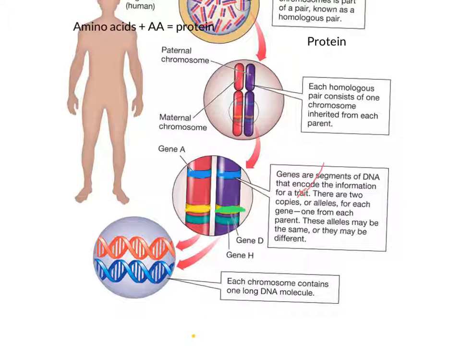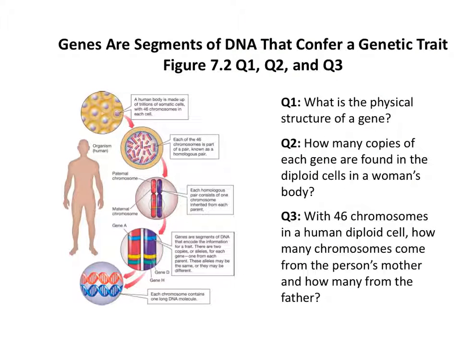And gametes are haploid. They only have one chromosome, not two, like a diploid organism like our cells. So a haploid gamete needs another haploid gamete, in this case a sperm and an egg, fertilizing the egg. And then you have diploid again. Okay.